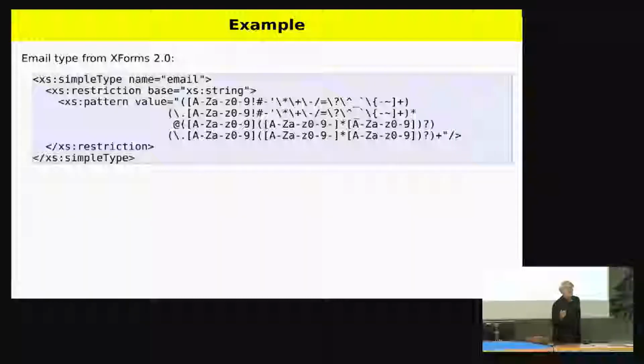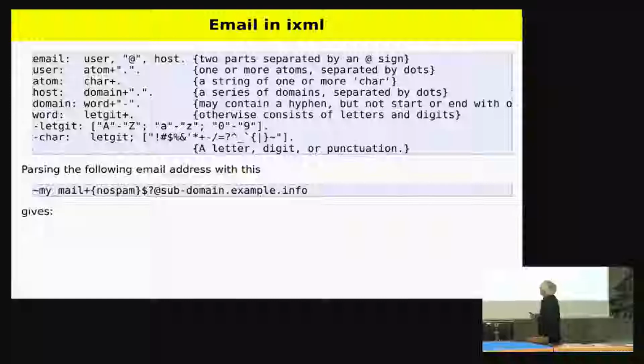So if we represent this in ixml, it looks something like this. It says that email is a user followed by an @ sign followed by a host. And a user, now this is one of the extensions we've added to the grammar, is one or more atoms, separated by a full stop.